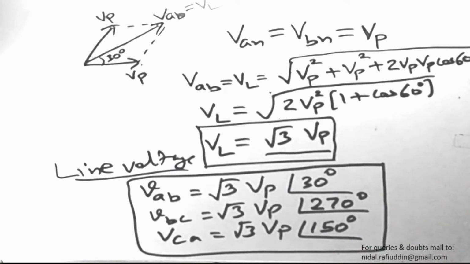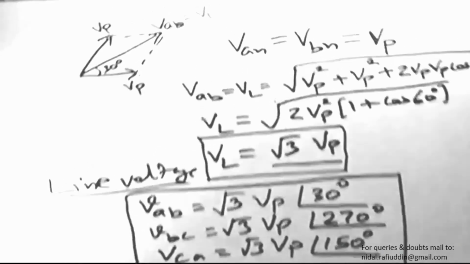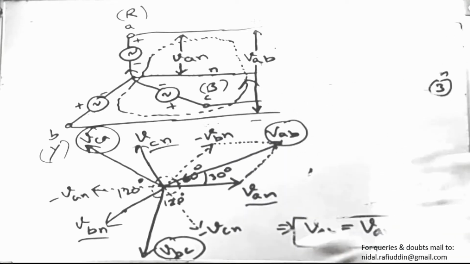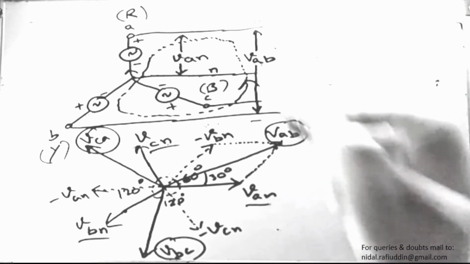And likewise for the line currents, if you look into the original figure that we have here, let me rub this all. For line currents, what we have here is the current that flows through the phases.